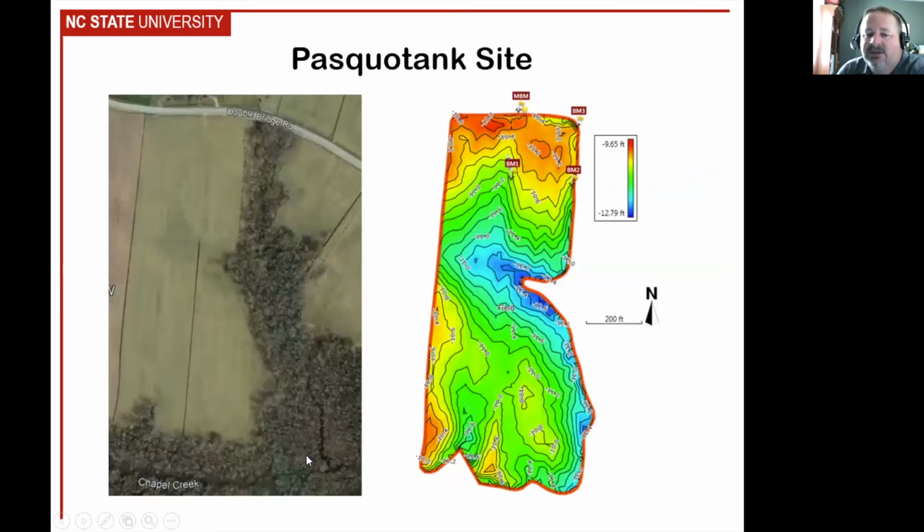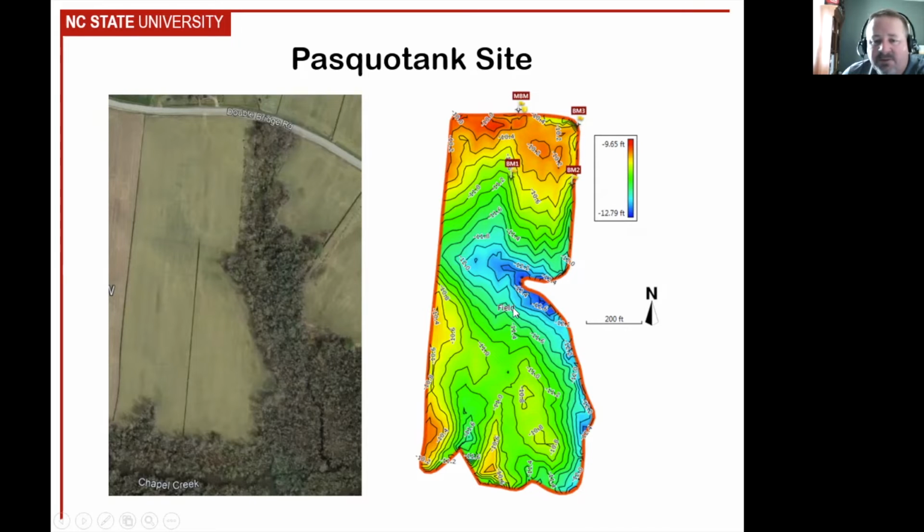This image here is some elevation data that we collected at the Pasquotank site. This farm has an area that's been affected by salt water. We have high salinity levels at the site itself. This is what we were able to generate using the equipment you saw on the previous screen. We basically rode across the parcel in 25 to 30-foot swaths and collected elevation data every 10 to 20 feet, and we were able to generate this map.